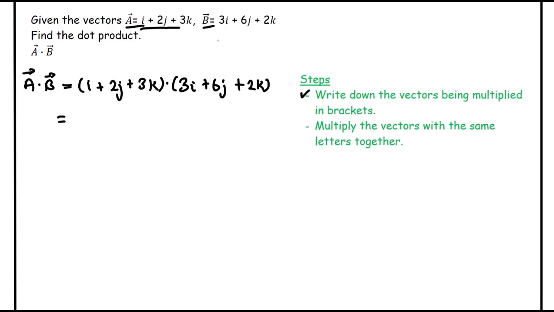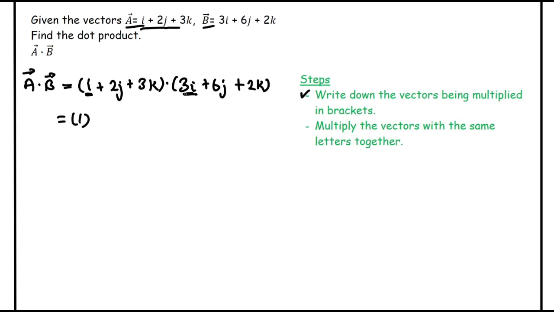By same letters, what we mean is that i multiplied by i, or the x component multiplied by the x component, and the y component of A with the y component of B. If we multiply this one and this one, we have to make sure we know the coefficient in front of i. If there's nothing, it means that the coefficient is 1.